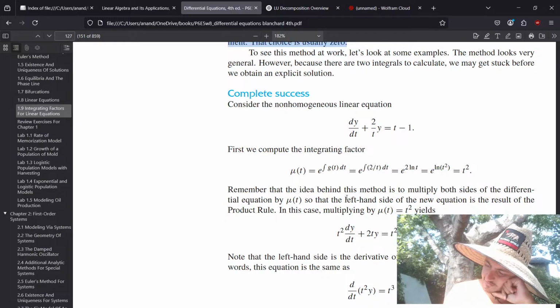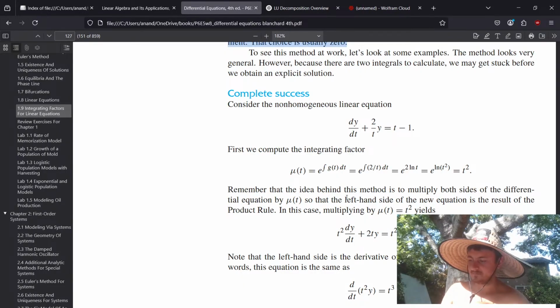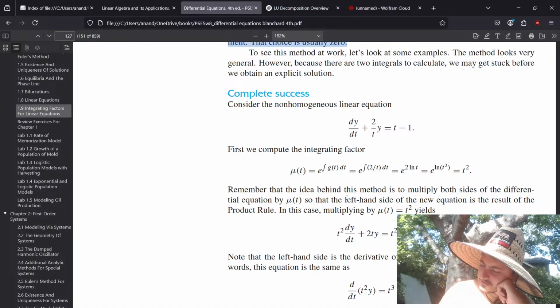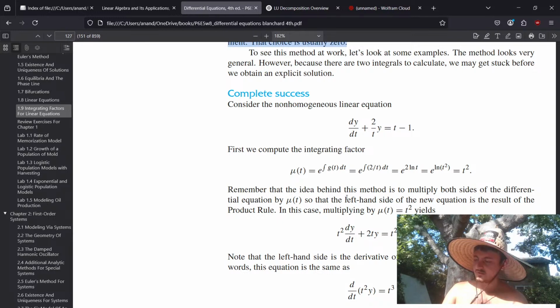Okay, so what we're going to get is u prime is equal to g u.